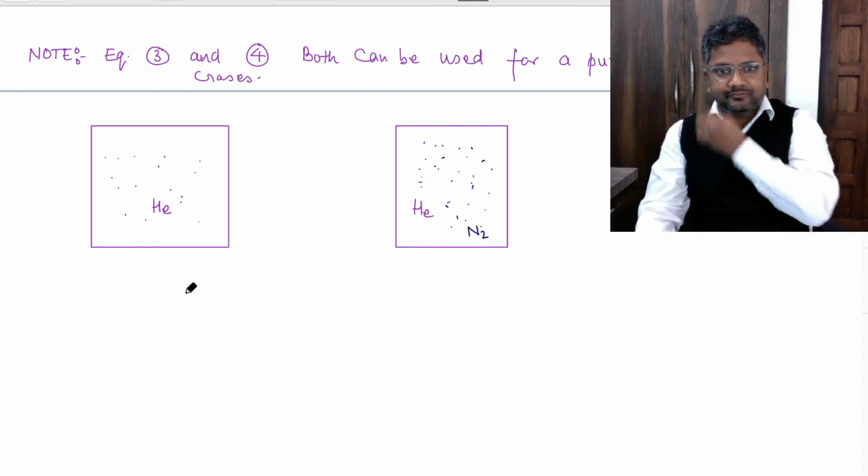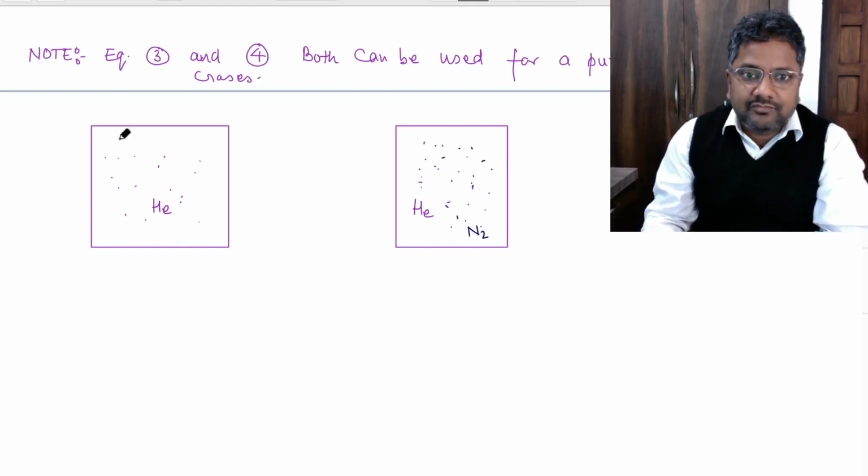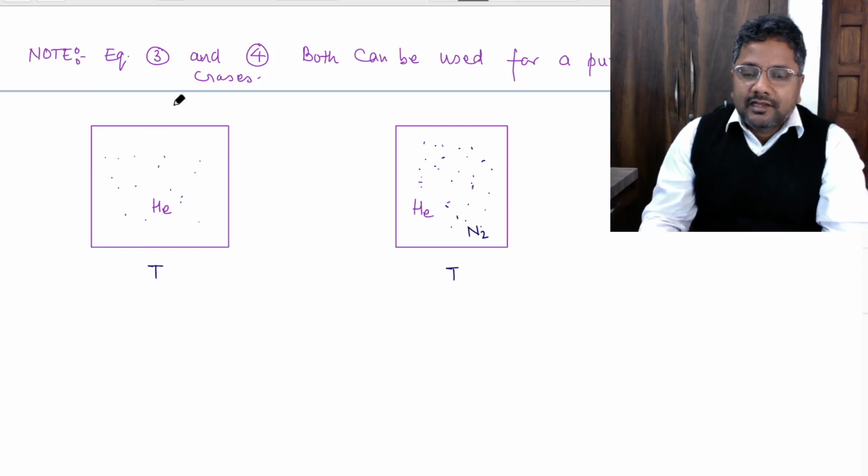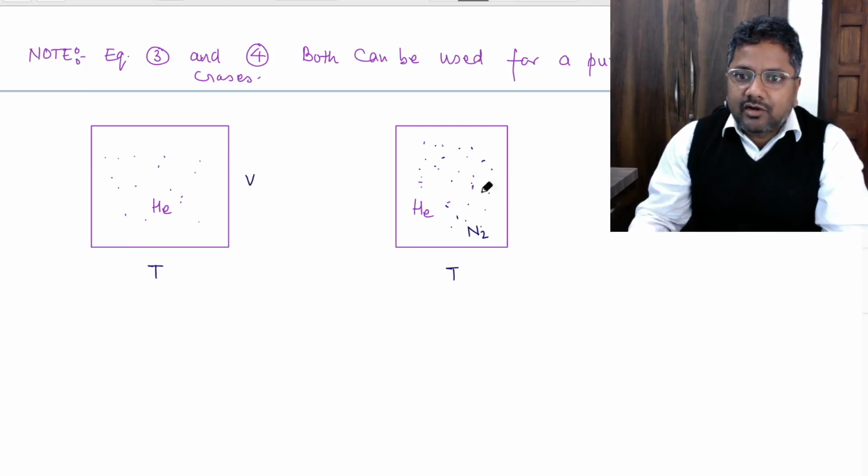Suppose the temperature of this closed system is T. Let the volume of this container be V and the volume of this container is also V.